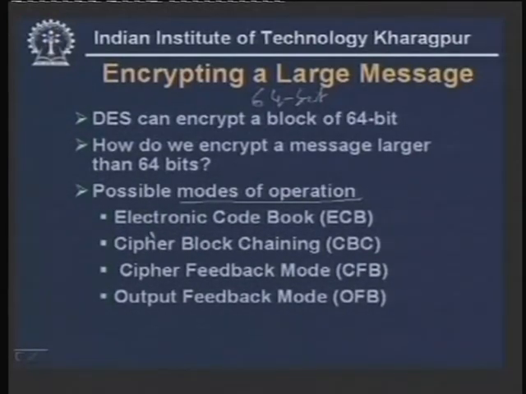The first one is known as electronic codebook, ECB. The second one is cipher block chaining, CBC. The third one is cipher feedback mode, CFB, and the fourth one is output feedback mode, OFB. Let me discuss these four different modes of operation of DES.